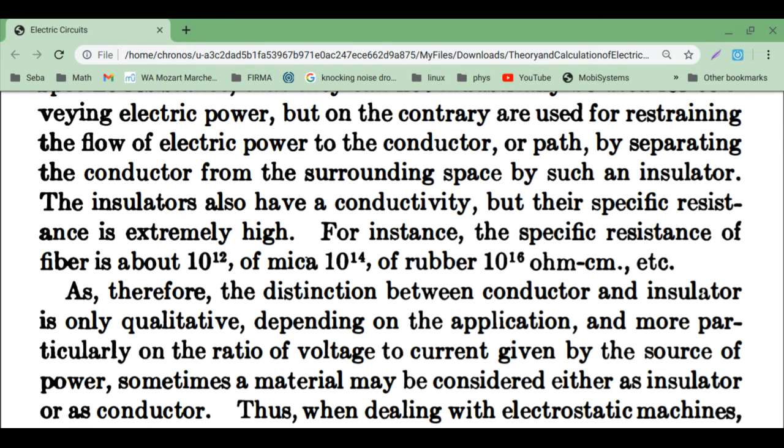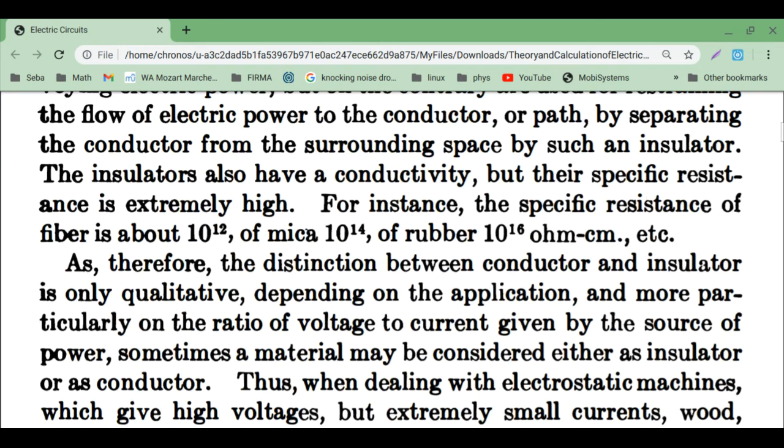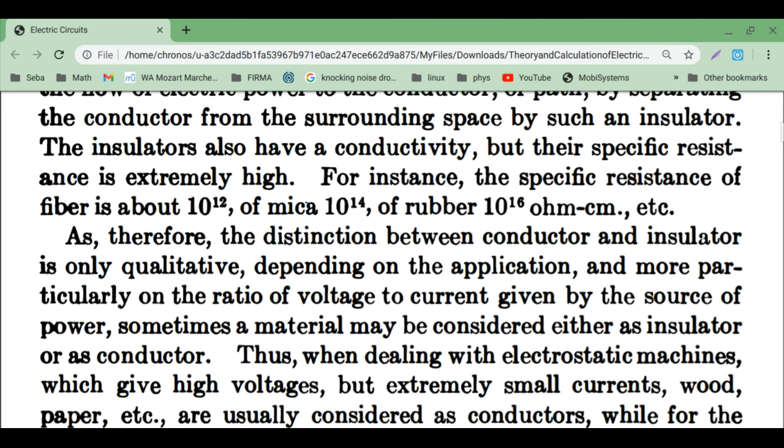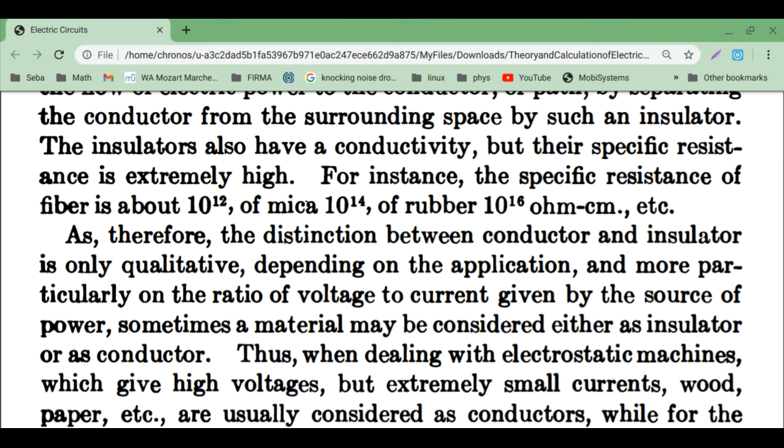The insulators also have a conductivity, but their specific resistance is extremely high. For instance, the specific resistance of fiber is about 10^12, of mica 10^14, of rubber 10^16 ohms per centimeter.